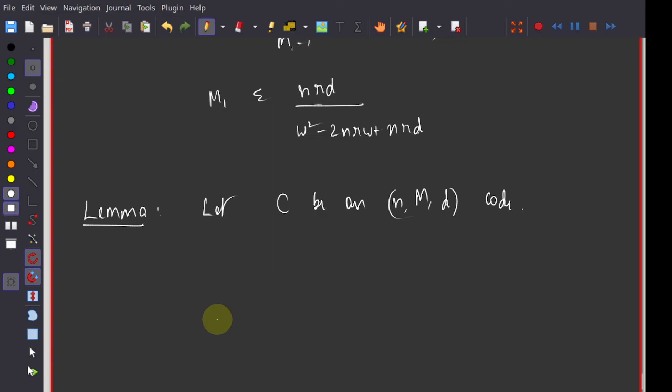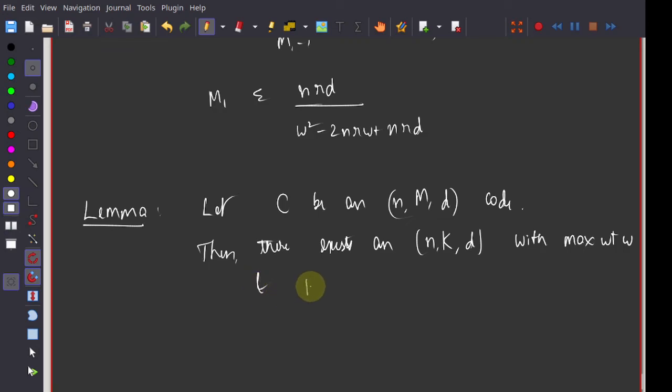So if I'm given any n, M, d code, it's possible to construct some code, there exists an n, K, d code, same minimum distance, but now the codebook has a different size, with maximum weight W and K greater than or equal to M times Q of n, W.